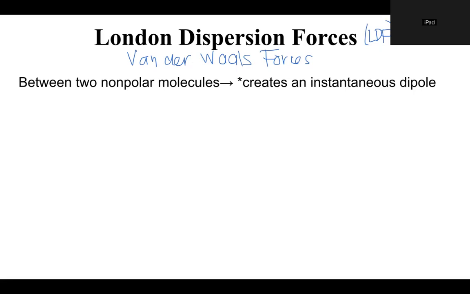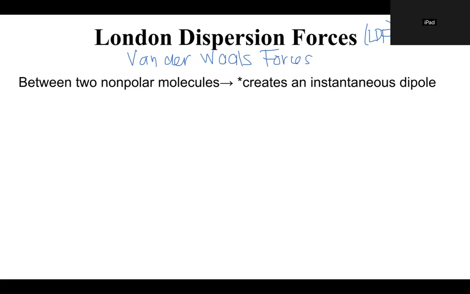The final type of intermolecular force that we're going to explore is the intermolecular forces between two or more nonpolar molecules. We know that nonpolar molecules are just that, they're not polar. However, there's some very weak intermolecular force that holds these substances together, and that is because we form what is called an instantaneous dipole.